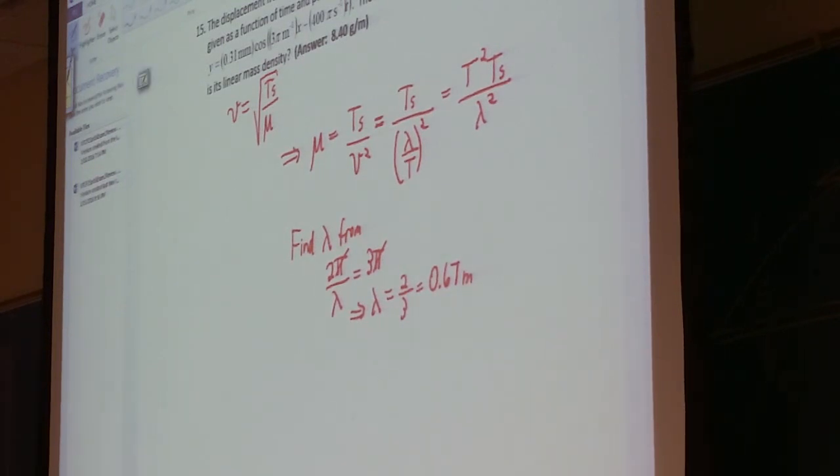Now, how do we find the period capital T? If I write down the general form of the displacement equation again.